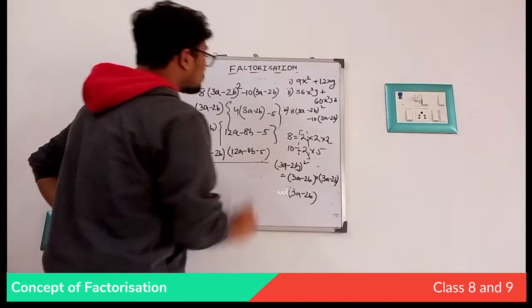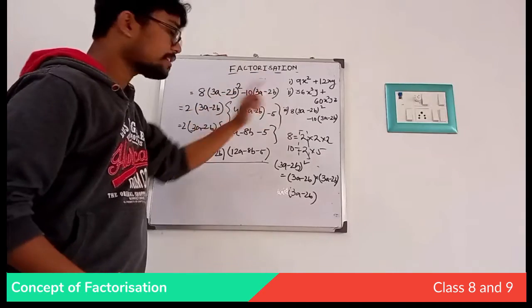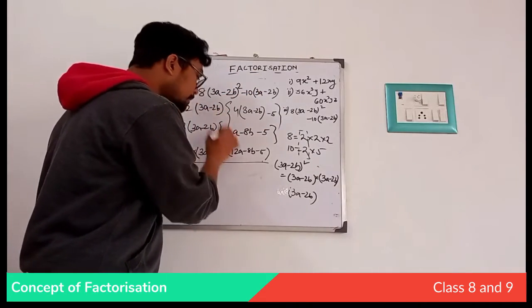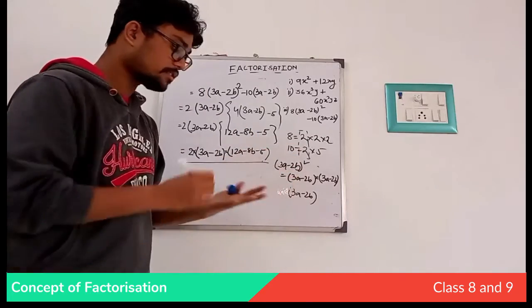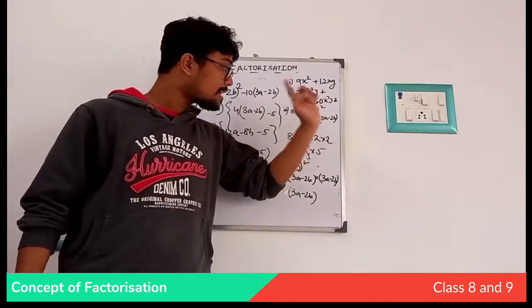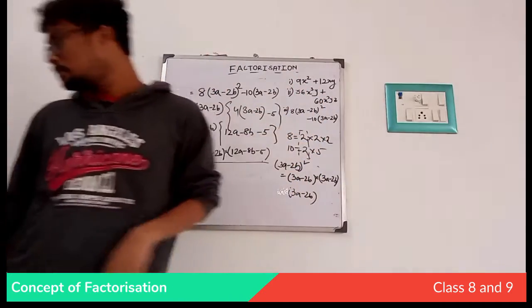Okay, these are the three factors. So this expression can be written as a product of three expressions: 2 into something into something. This is a little tricky, not tricky, a very interesting question. So I will show you another example, and this is the last example of this process, taking out the common factor.